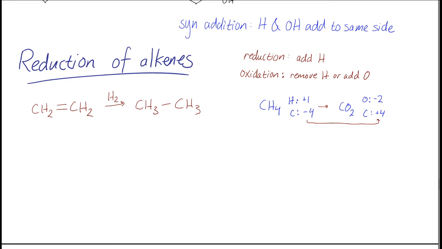We added hydrogen, and that's considered reduction. If you go through and calculate the oxidation states of the carbons, you'll find that they do change in the way that we would expect with reduction. They get more negative. They add electrons, but we're not usually thinking about those oxidation states. So it's easier to just say we added hydrogen.